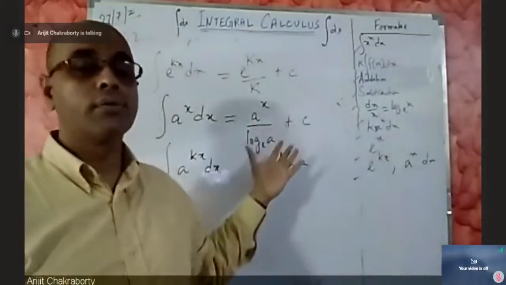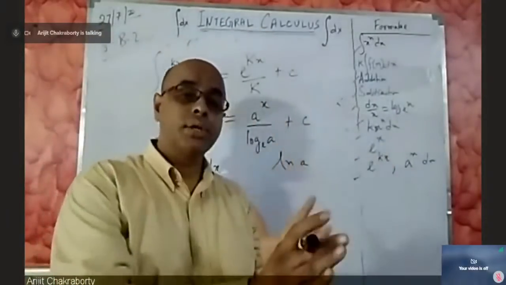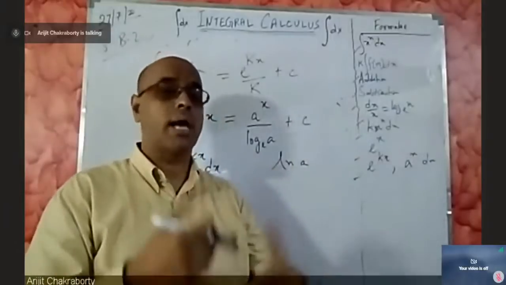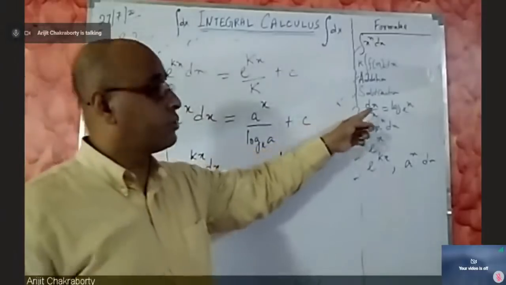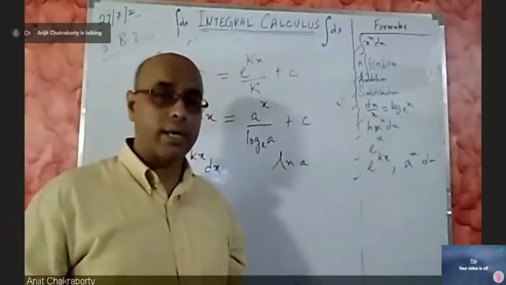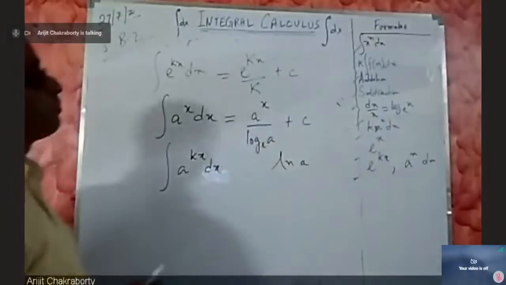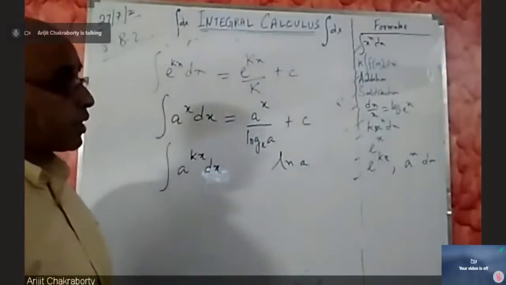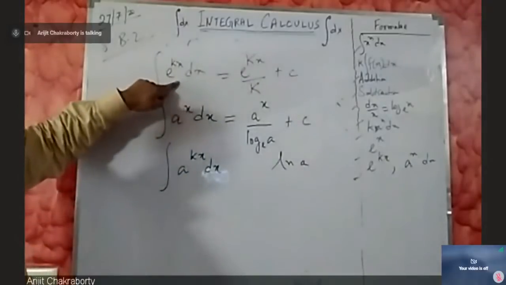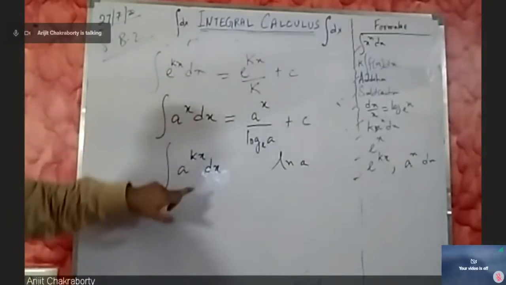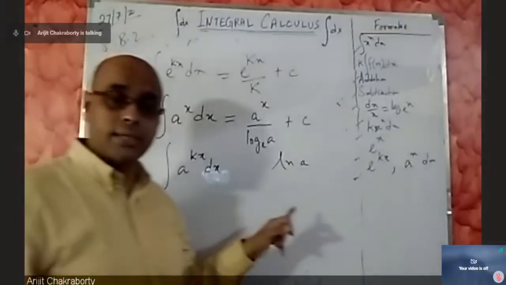Thereafter, I solved questions on addition and subtraction. Then we had dx by x, which is log x. Then we had k into x to the power n. Then we had e to the power x, e to the power kx, a to the power x, and now we have a to the power kx dx.